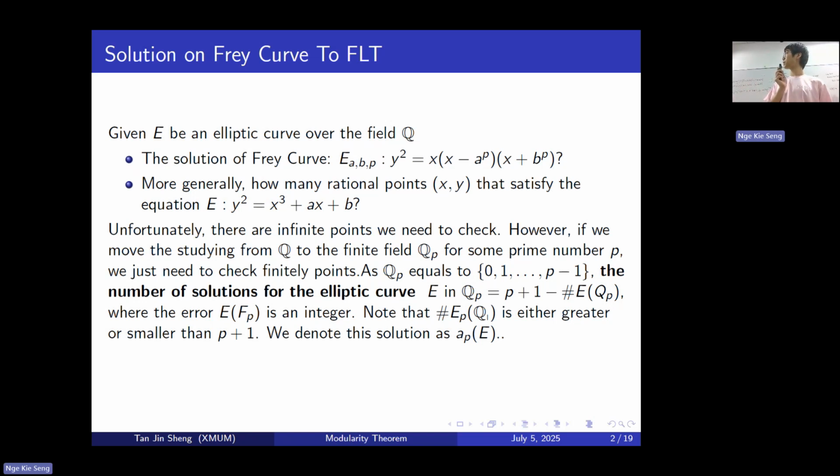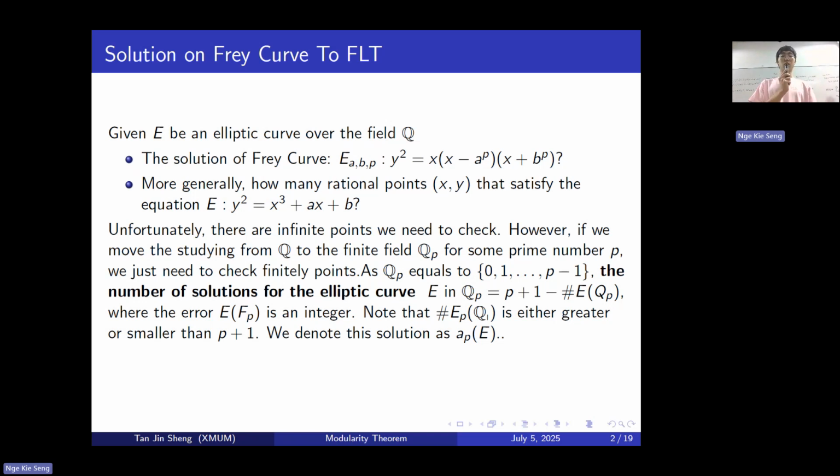As the field F_p has characteristic p, the number of solutions can be written as p plus 1 minus an error integer. Here it has an error. You can see it makes sense like this, because it is not perfect for every elliptic curve. We denote this error as a_p.